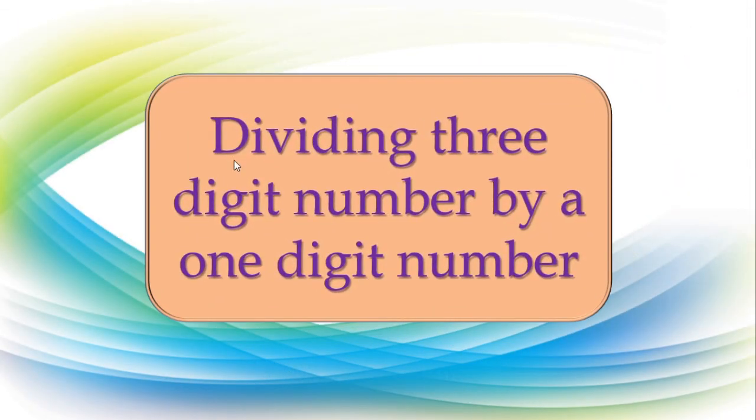Now we will move to dividing a 3-digit number by a 1-digit number. We are going to divide a 3-digit number by a single digit. 856 divided by 4.